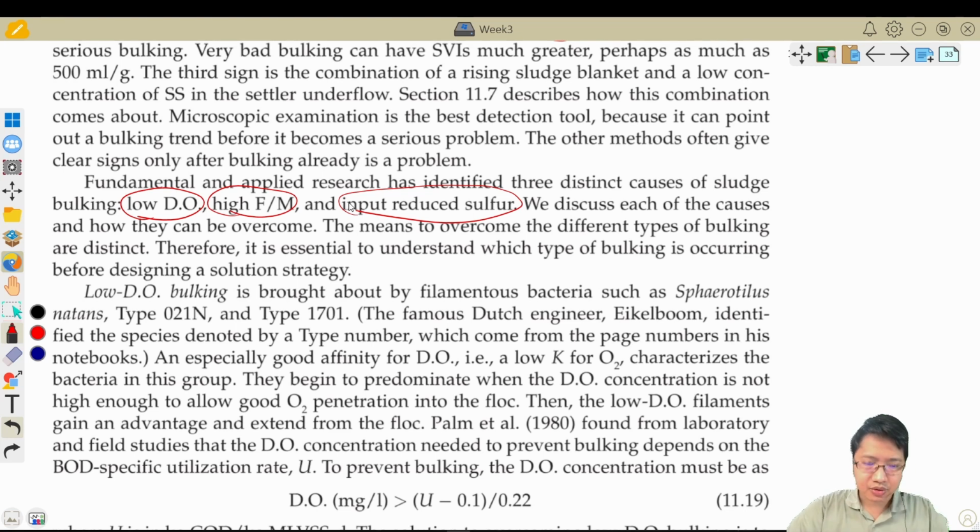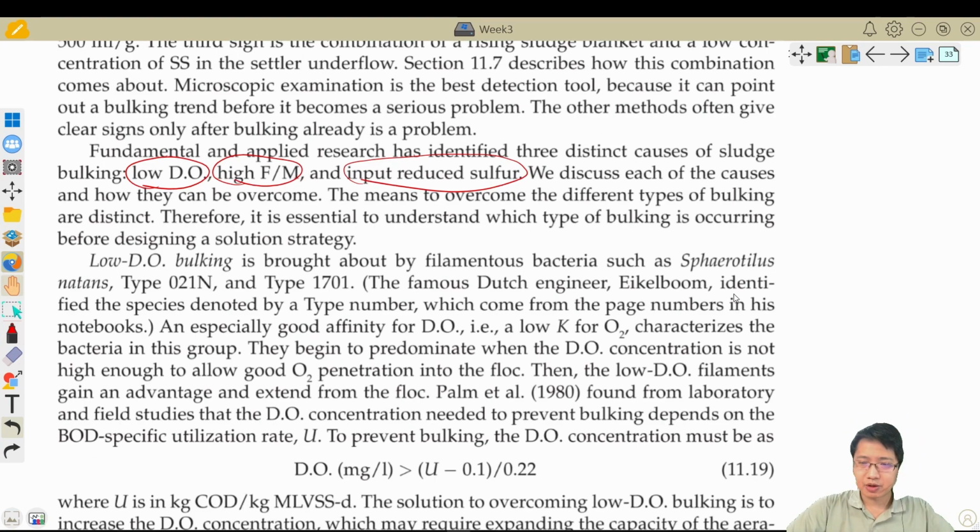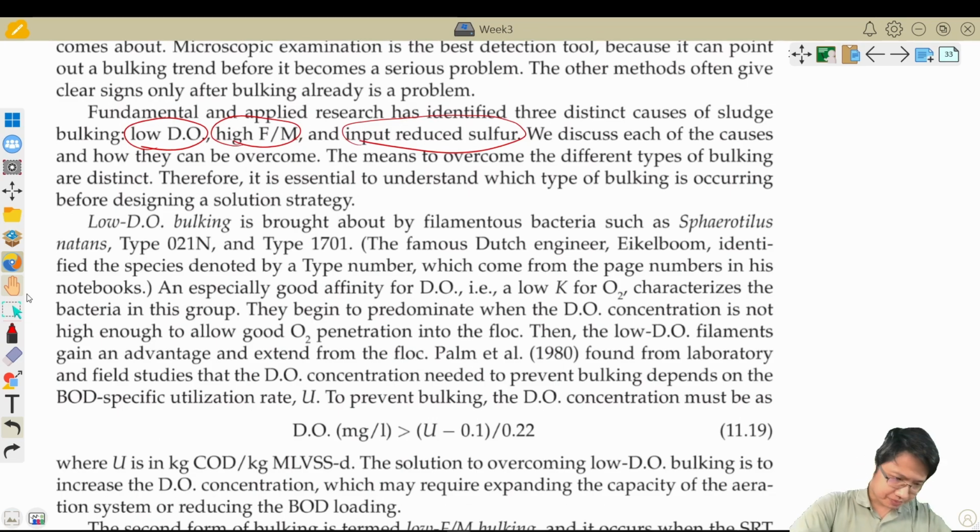Those few operations will sometimes cause you to get bulking sludge. That is because of the competition of the microbial communities. So talking about low DO bulking, it is caused by the filamentous bacteria we call Sphaerotilus natans.